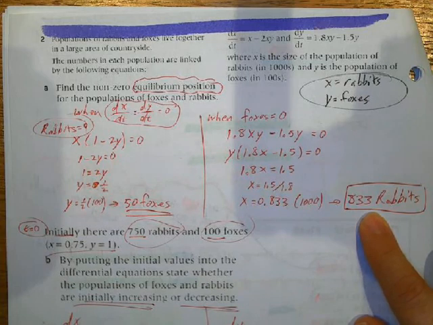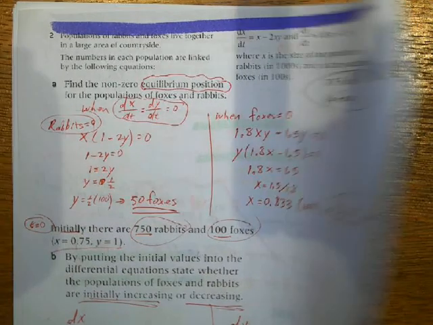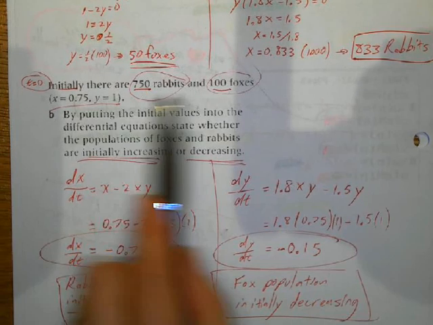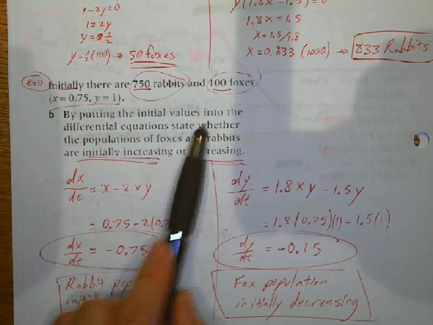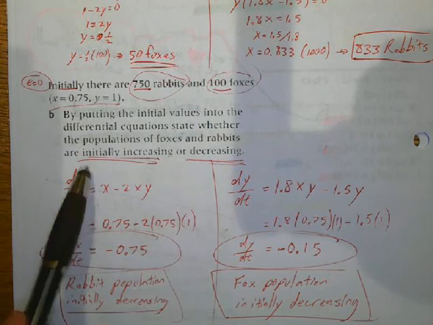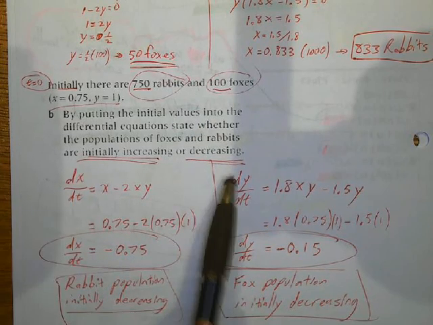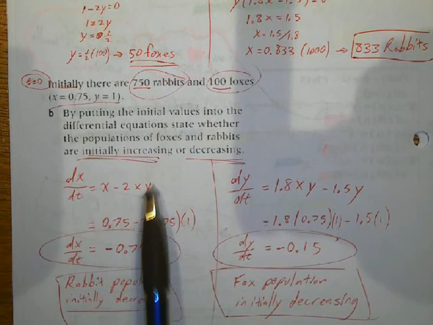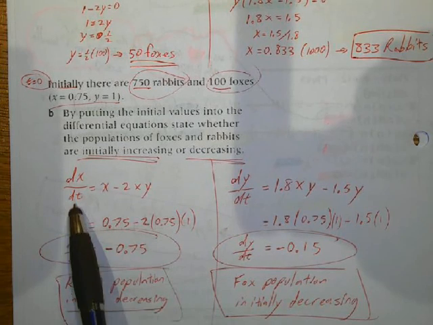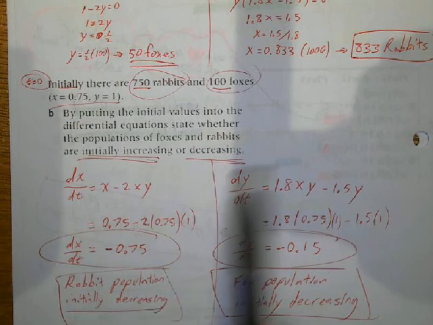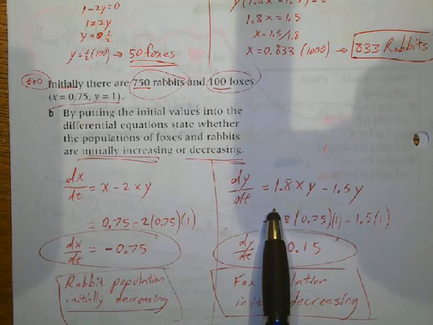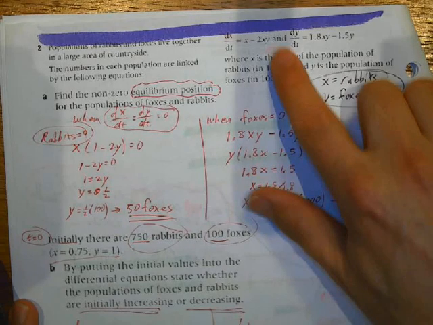Initially there was 750 rabbits and 100 foxes. So state whether the population of the foxes and rabbits are initially increasing or decreasing. Here is my population change formula for rabbits. Here is my population change formula for foxes, which is from up here.